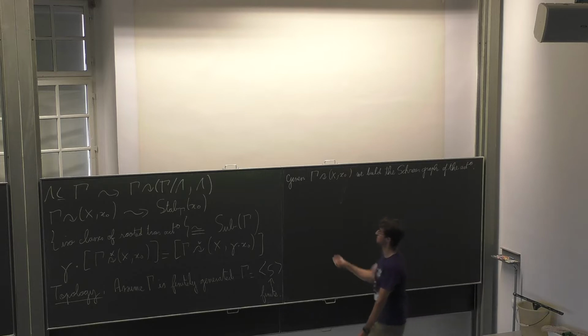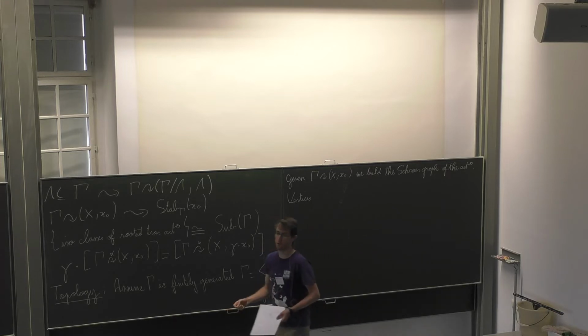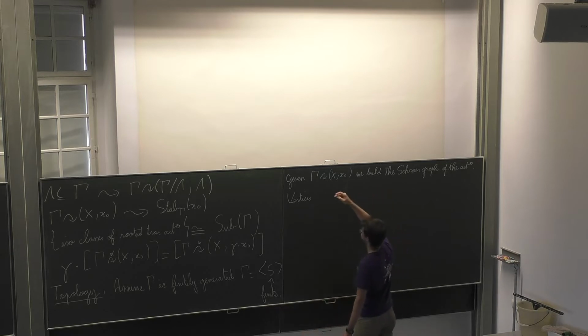So what is this? As a graph, it has multiple edges, and it's an oriented graph, and you can have multiple edges between the same vertices.